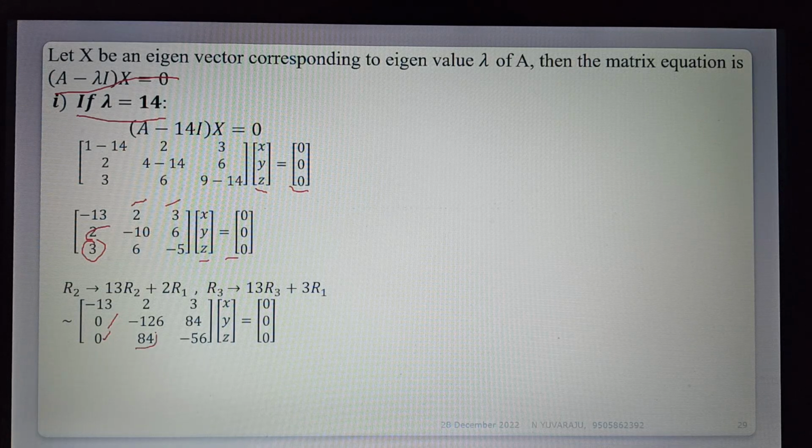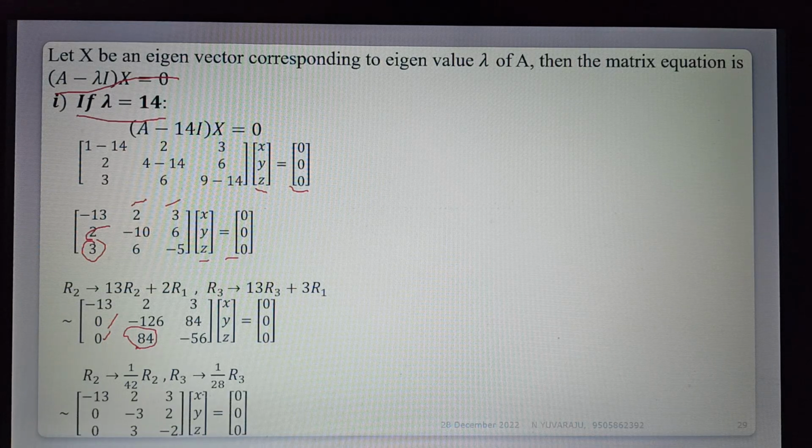Next, for simplification, dividing R2 by 42 and R3 by 28, we get [minus 13, 2, 3; 0, minus 3, 2; 0, 3, minus 2]. Next, make this element 0 using R3 plus R2.